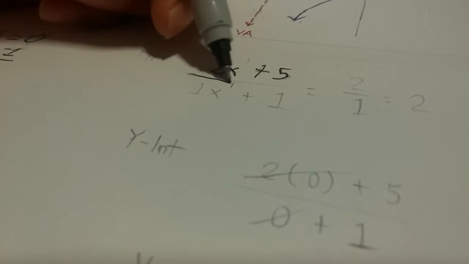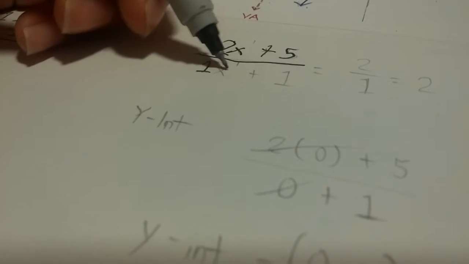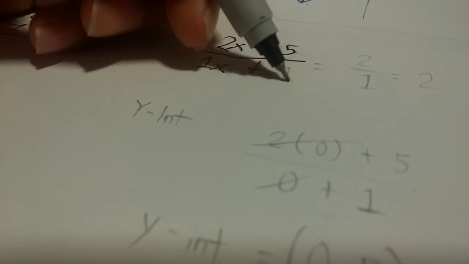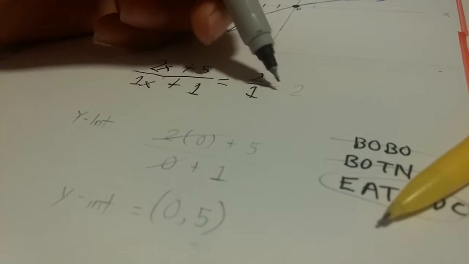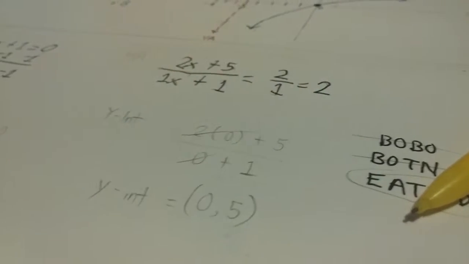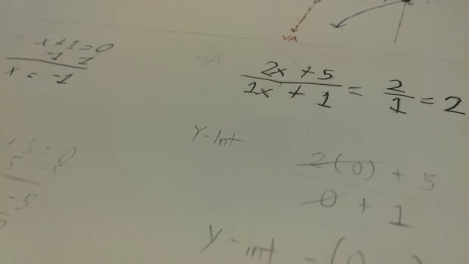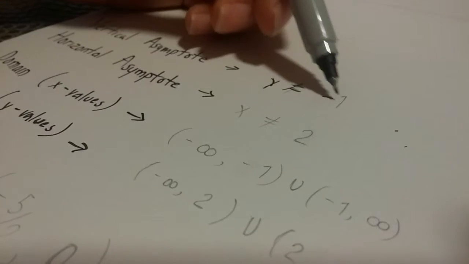We also had to divide by the bottom, x + 1. Then that gave us 2 divided by 1, which gives us 2. And that was our answer for the horizontal asymptote.